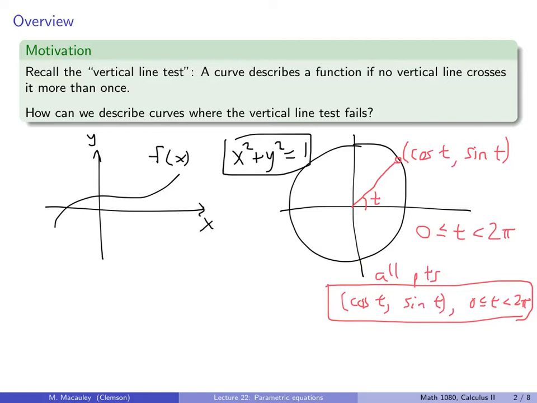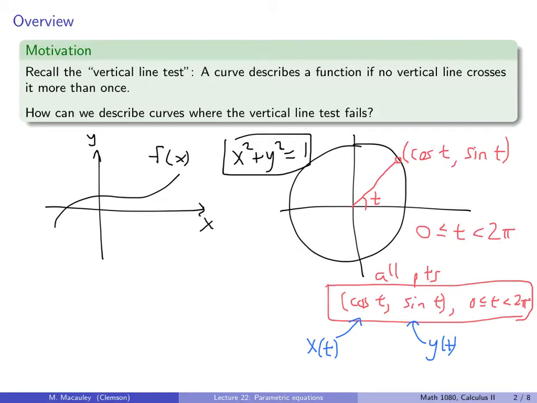So what we're going to do with parametric equations is call cosine of t a function of time, and sine of t a function of time. This is the x and this is the y, so think of this as describing an ant that's walking along the surface of the circle.